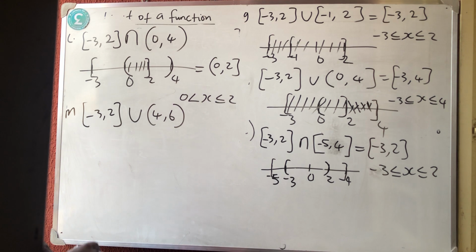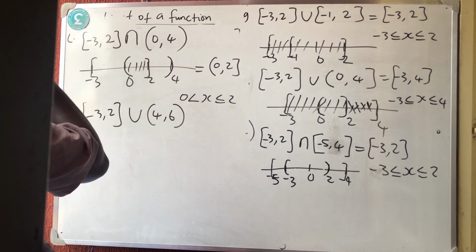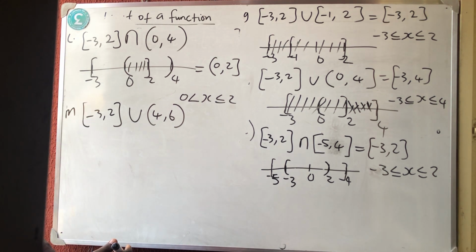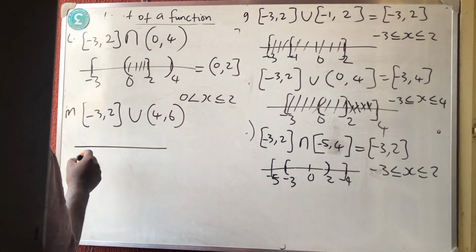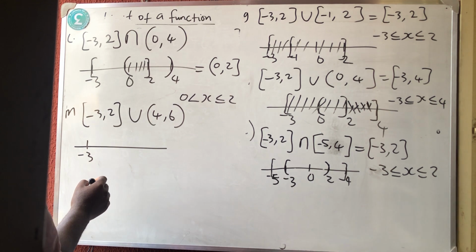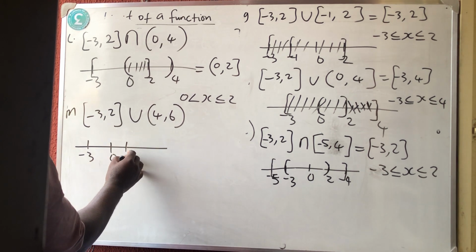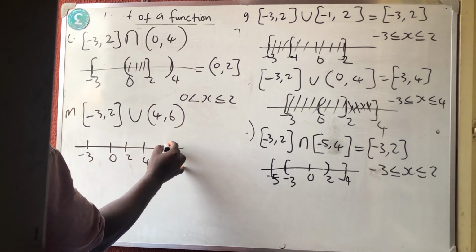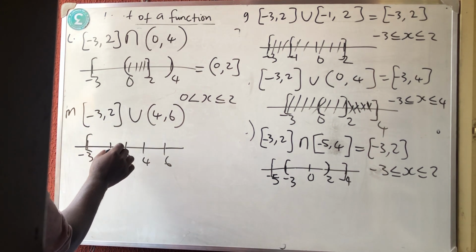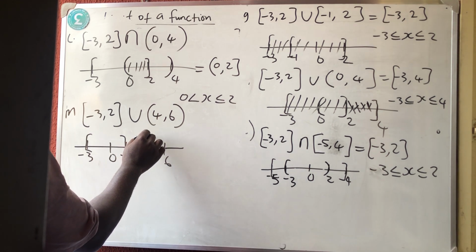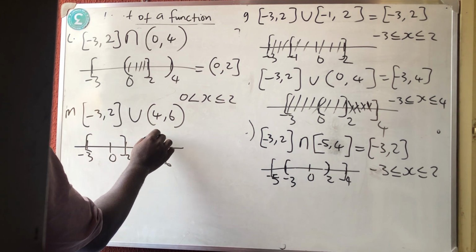Okay, so let us draw this one. This is minus 3, this is 0, 2, 4 and 6. So this one started from here ending here, while this one started from here ending here.